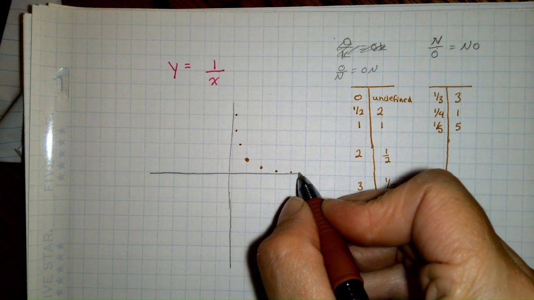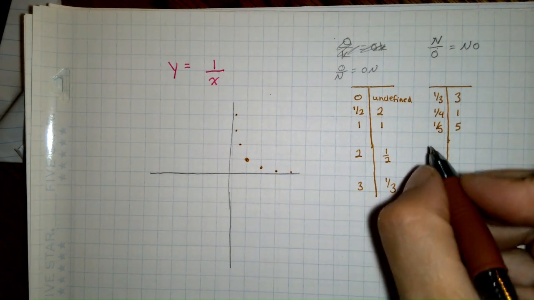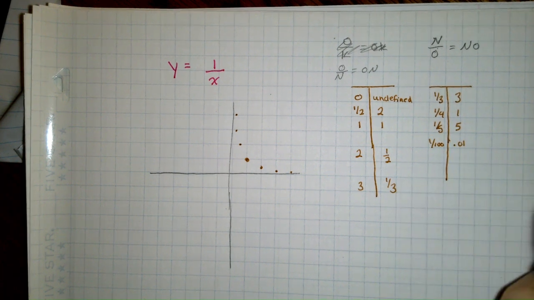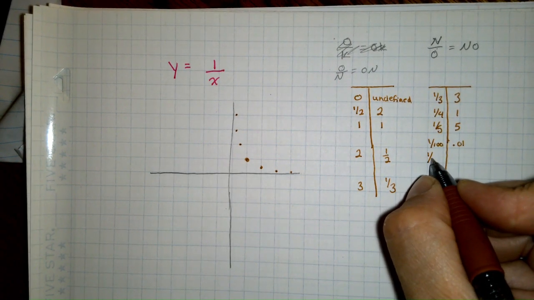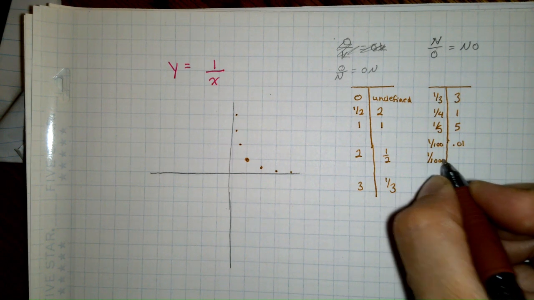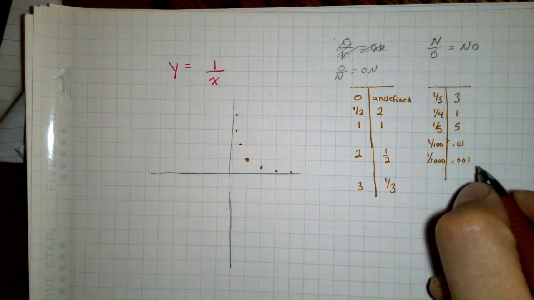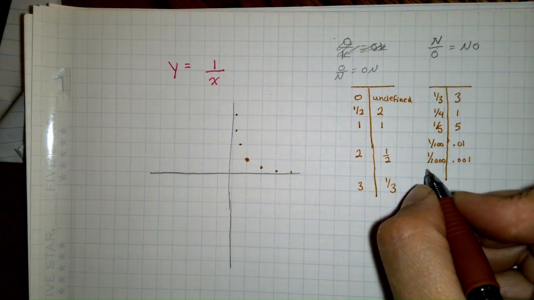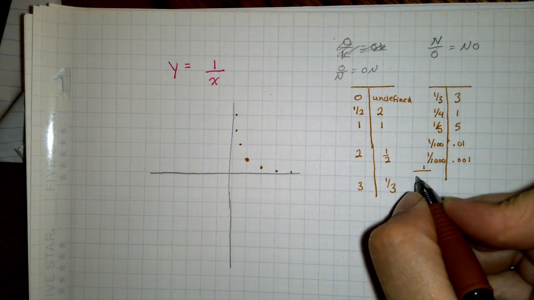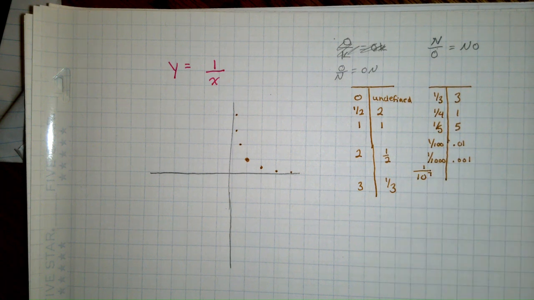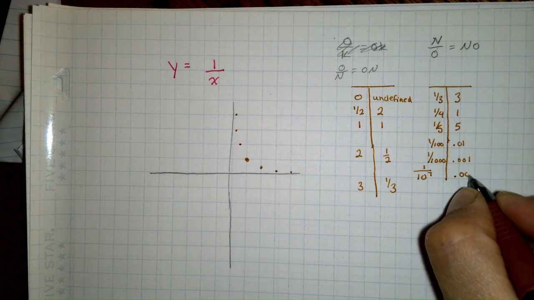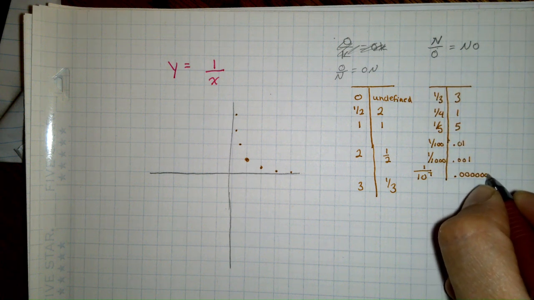Will this ever actually get to 0? Well, 1 divided by 100, that'd be 0.01. 1 divided by 1,000, 0.001. 1 divided by 10 to the 7th is going to be 0.0000001.